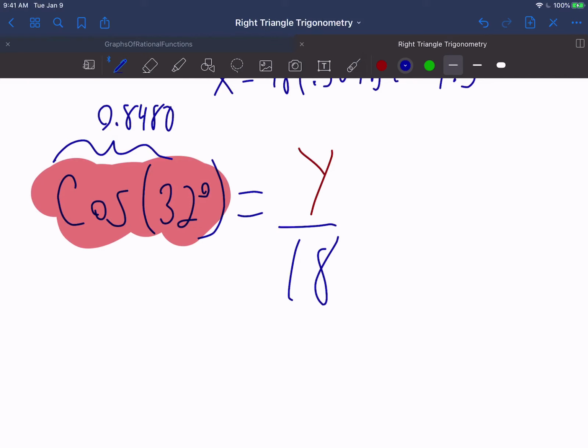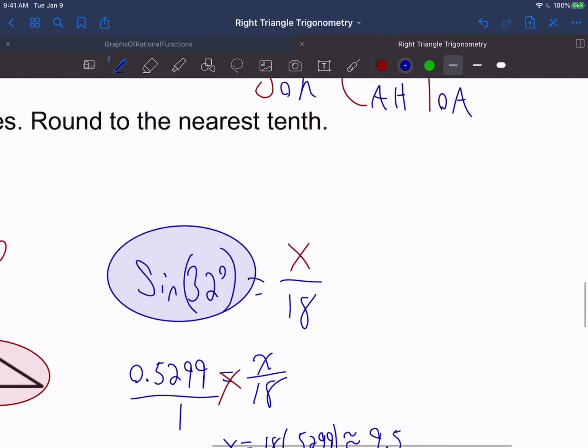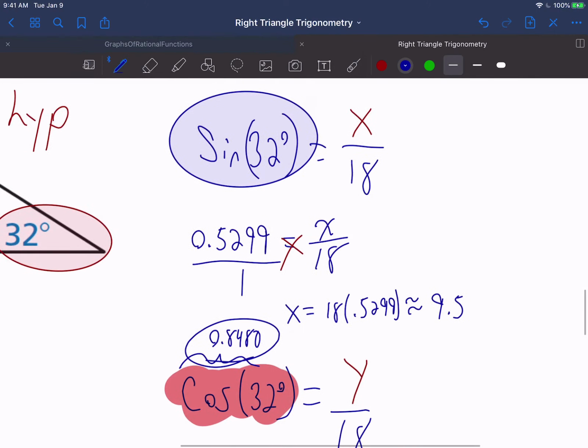Now that's really annoying to have to write down the decimal, and be sure to write it to 4 decimal places, because it's important that we keep that level of accuracy. If you round that, your answer is just not going to be that great. If you rounded this part to tenths, that would be horrible. That's another question that some of you may have. It says, hey, look, it says round to the nearest tenth. That's round your answer to the nearest tenth.